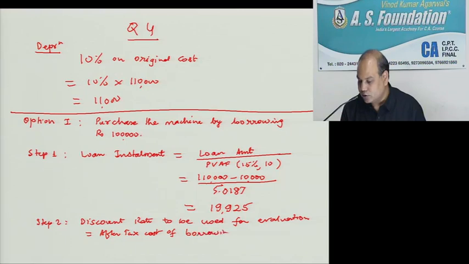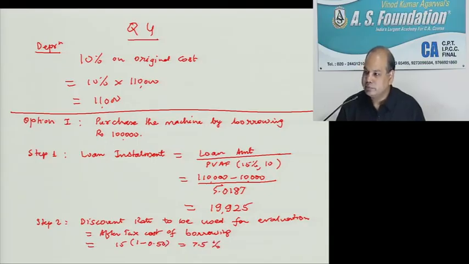Discount rate is not given in the problem, so we will take our discount rate, which is 15 into 1 minus 0.50, that is equal to 7.5%.